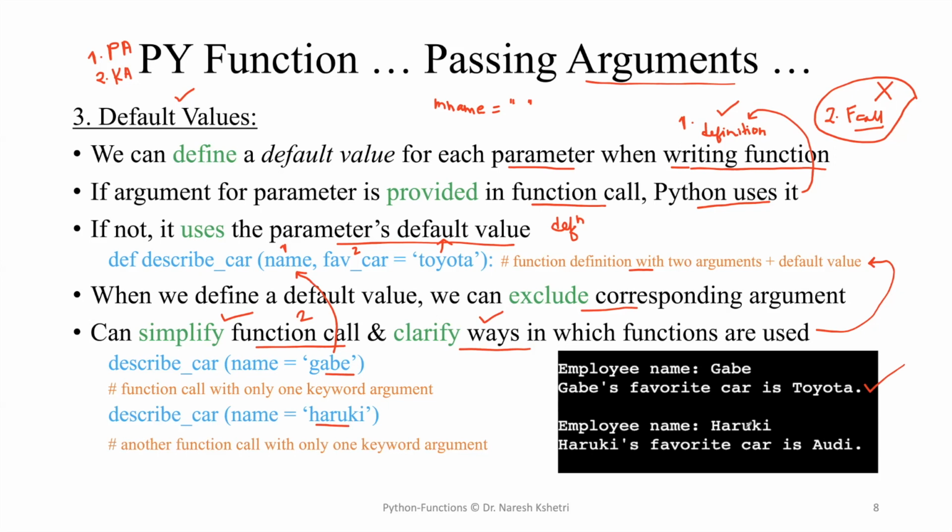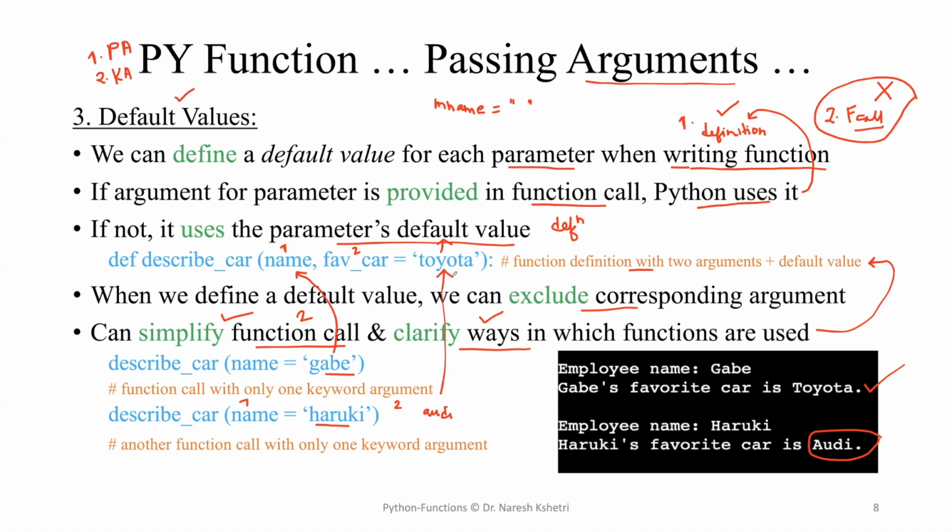But here we have Haruki and Audi. So we have to provide the second one, the favorite car as Audi. That should replace the Toyota.